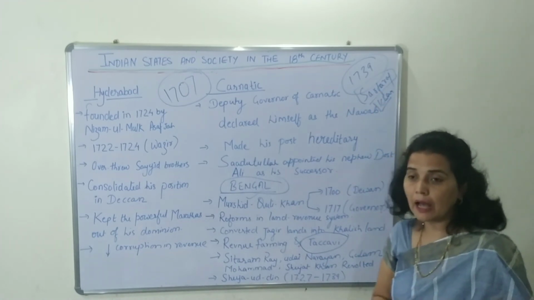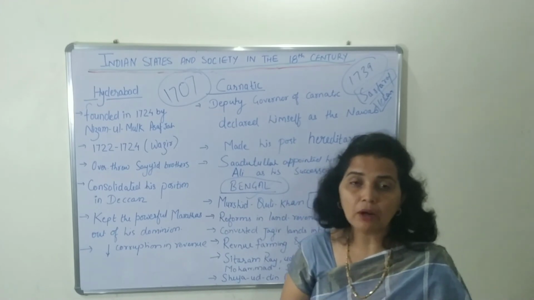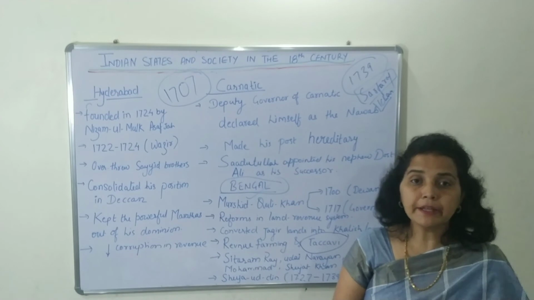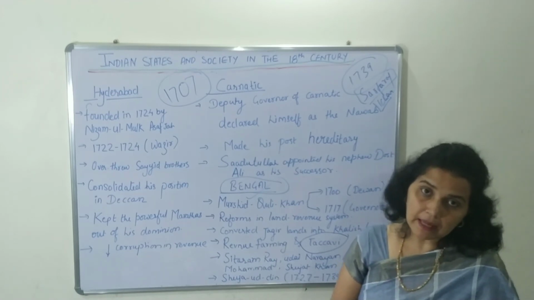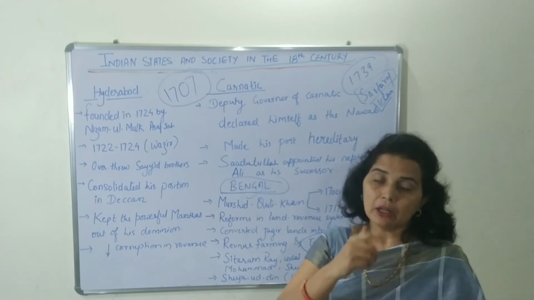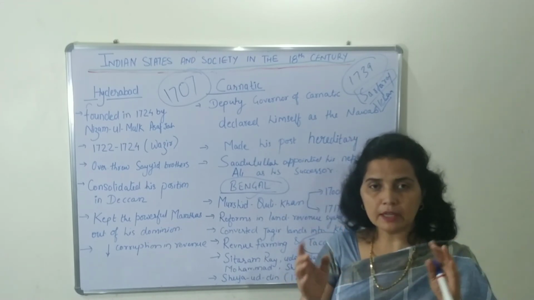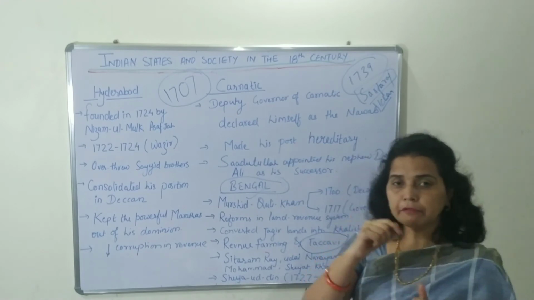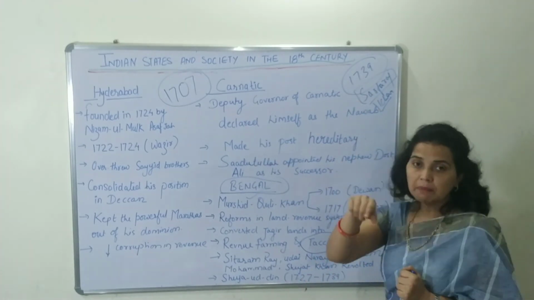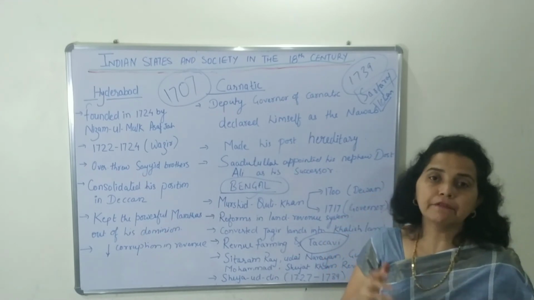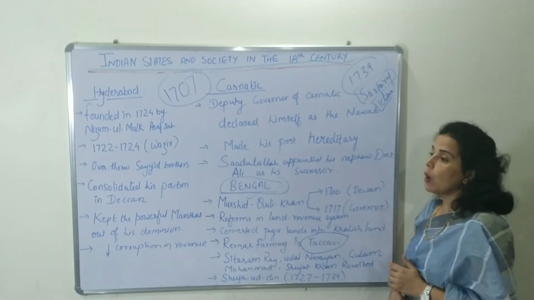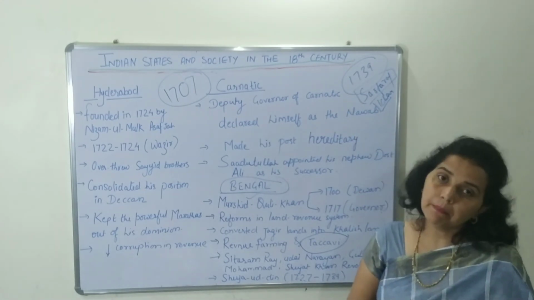This Alwardi Khan was a Subedar of Bihar. He fought a battle against this Sarfaraz Khan, that was known as the Battle of Geria. In the Battle of Geria, that was fought in 1739 or 1740, Sarfaraz Khan was killed by Alwardi Khan, and finally Alwardi Khan became the next Nawab, or you can say the ruler of Bengal.